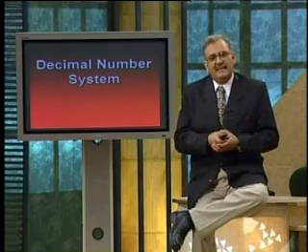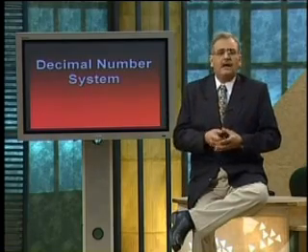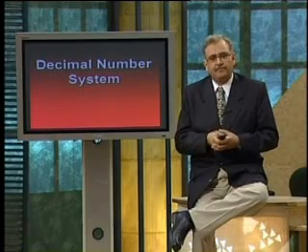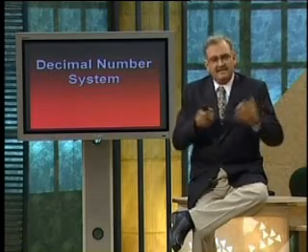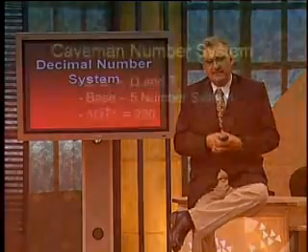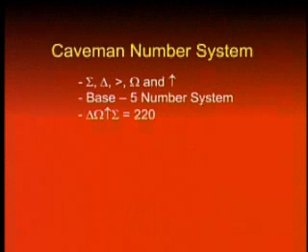How can the caveman represent large values using this base 5 number system? Let us have a look at the base 5 number system used by the caveman. The number system discovered by the archaeologists in a prehistoric cave shows 5 symbols used by the caveman to represent numbers.